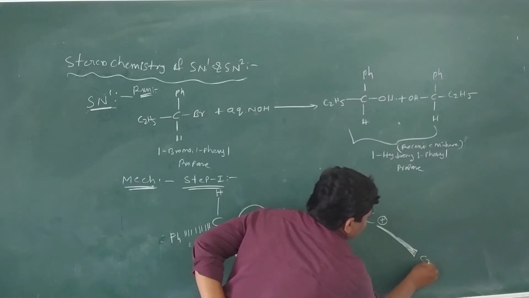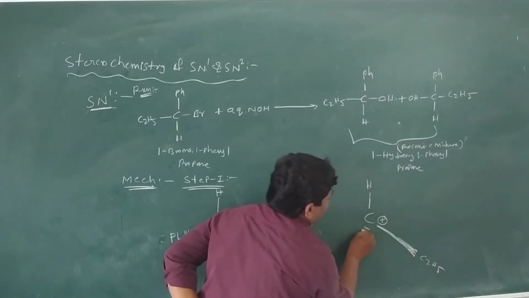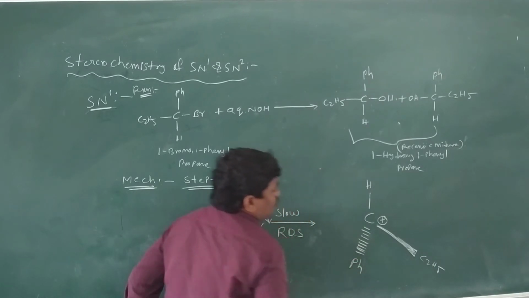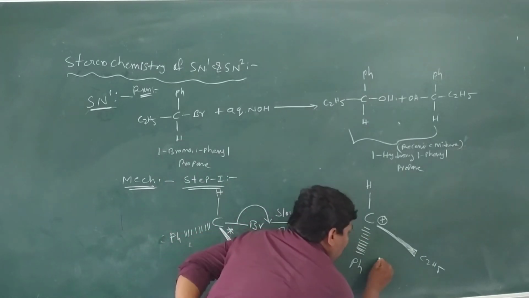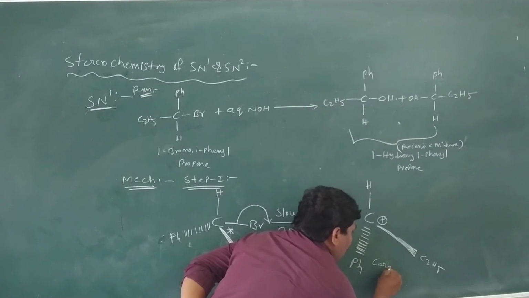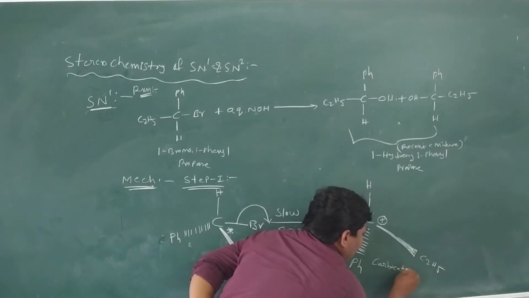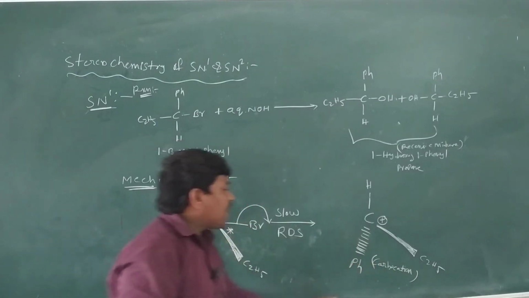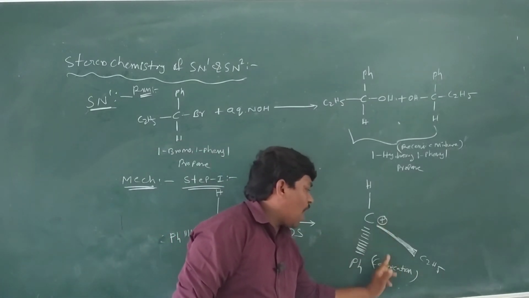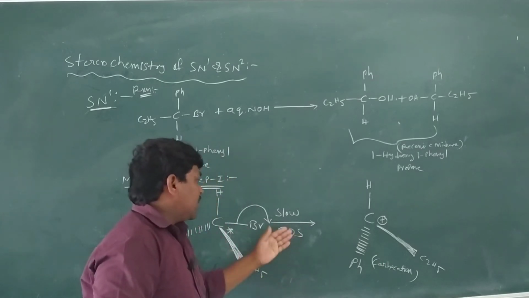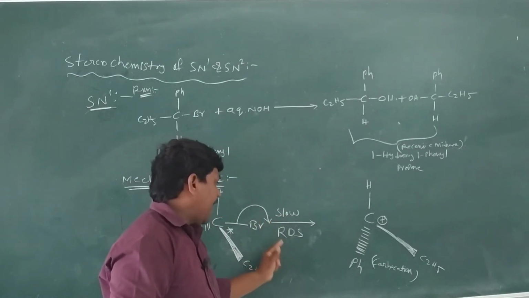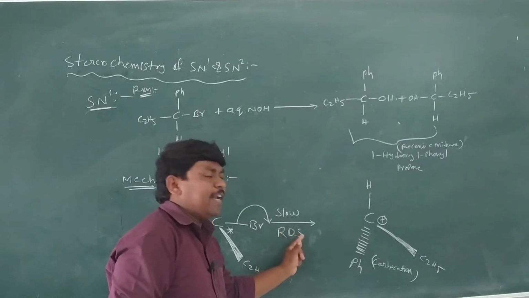Front side C2H5, back side phenyl. So this is the carbocation. The first step, formation of carbocation, is a very slow step, called the rate determining step.